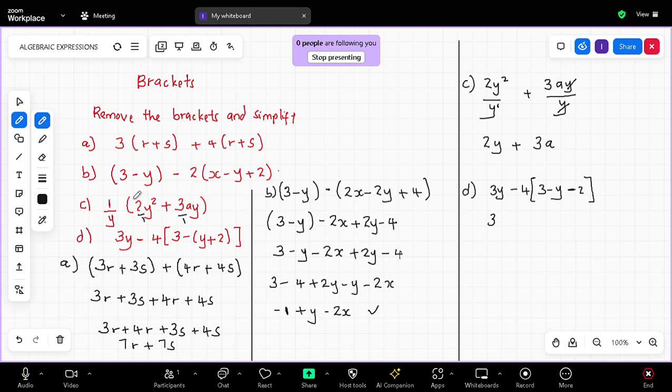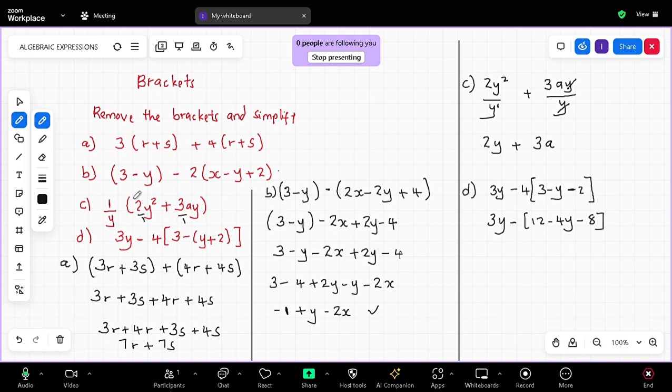So here we have 3y. We now want to open the bigger bracket, minus 4 into the bracket: 4 multiplied by 3 is 12. 4 multiplied by negative y is minus 4y. 4 multiplied by negative 2 is negative 8.